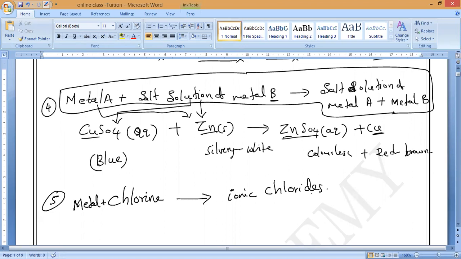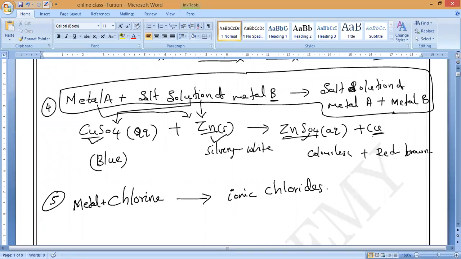By exchanging electrons, the products will form. That is why these are called ionic chlorides. Till now, if you observe, the position of atoms was changing. Have you noticed? In place of copper, zinc replaces it, so we get ZnSO4 plus copper. Yes or no?